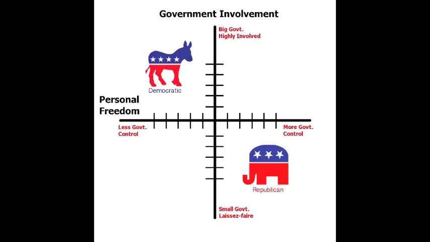As you can see, the Democratic Party believes in less government control in personal freedom issues, such as abortion and legal marijuana, while it also believes in higher government involvement, usually corresponding with higher spending and more social programs.